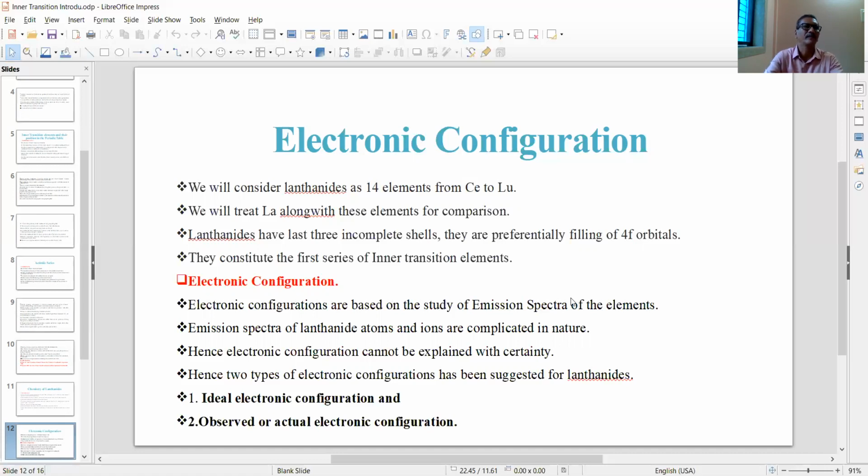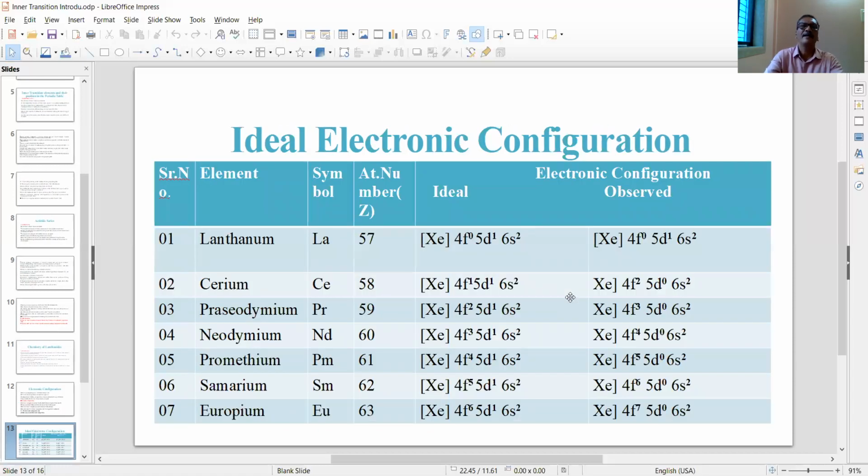What are the configurations that we are going to study now? The first one is the ideal electron configuration. This is a table with the element, symbol, and atomic number. Then you have the two types of configurations, ideal and observed. So see the ideal configuration here.